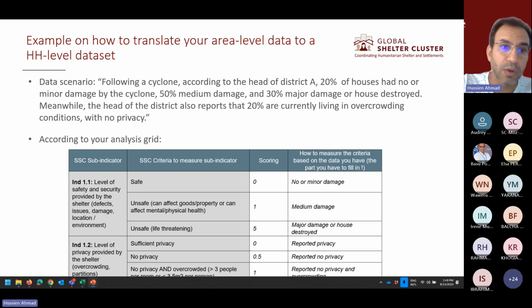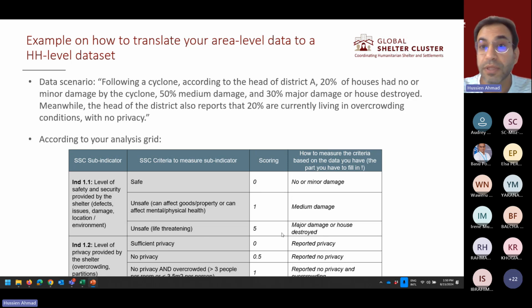So basically, our analysis grid is simply like this one. We said safe, no or minor damage. So we have here no or minor damage, which means the house is safe. Medium damage, the 50%, as we see, means that the house is unsafe.